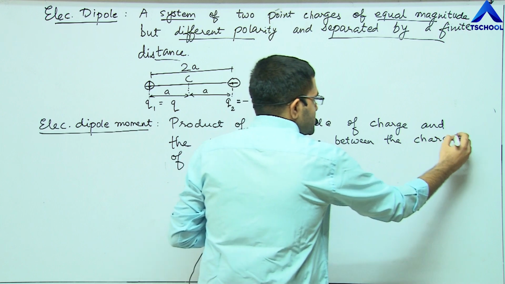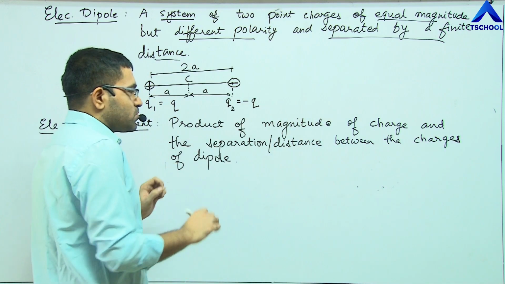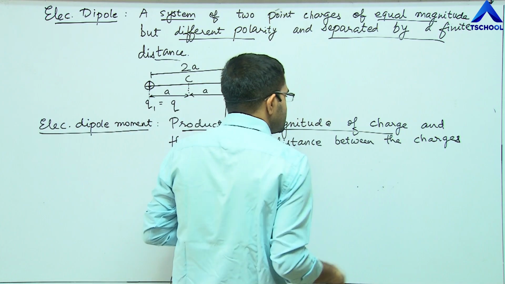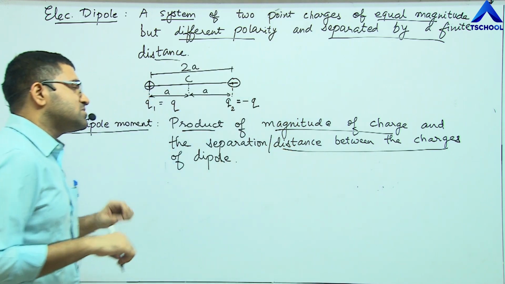Okay, so it is the product, the multiplication of magnitude of charge and the distance between the charges.